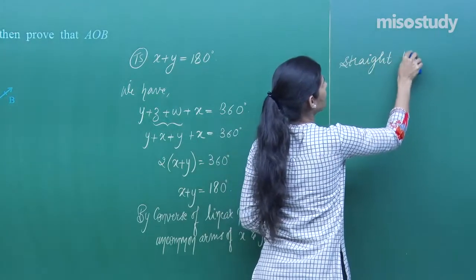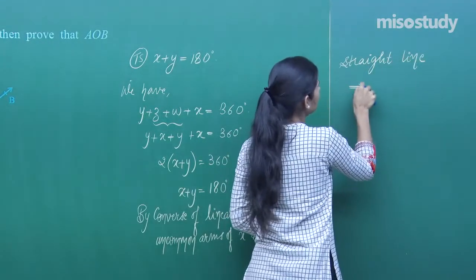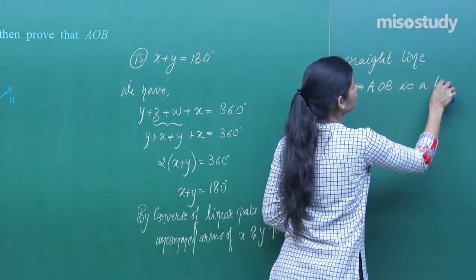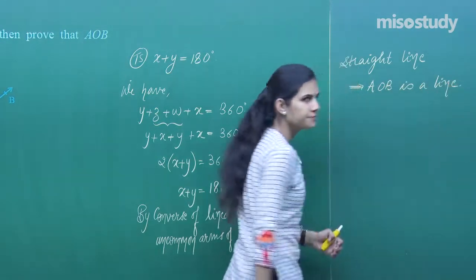Or I can say that they are opposite to each other, which implies AOB is a straight line. Is it clear?